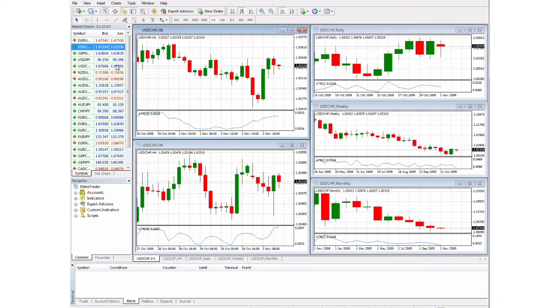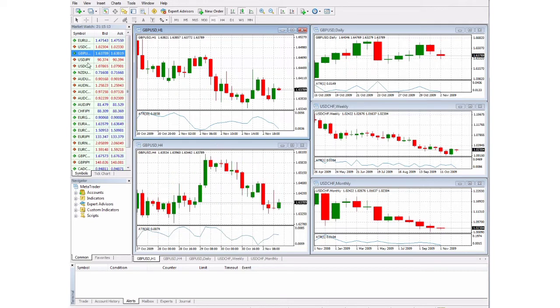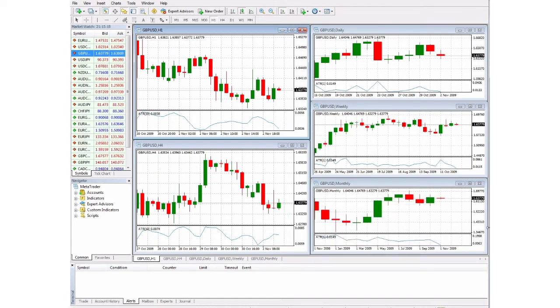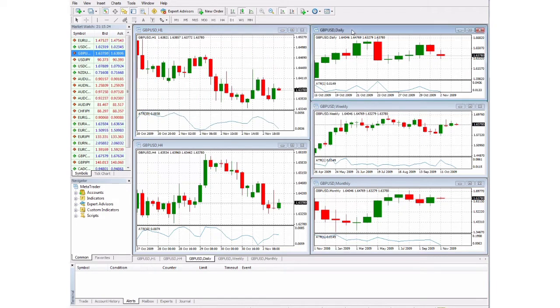Okay, so we're going to drag and drop, drag and drop. Again, we're just creating another profile. And creating profiles may give us some additional trading opportunities.